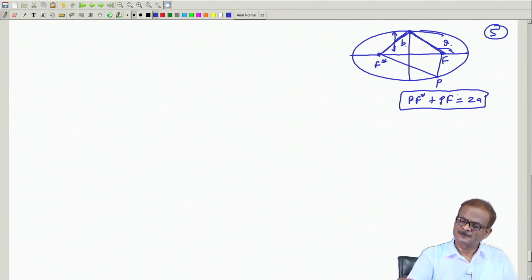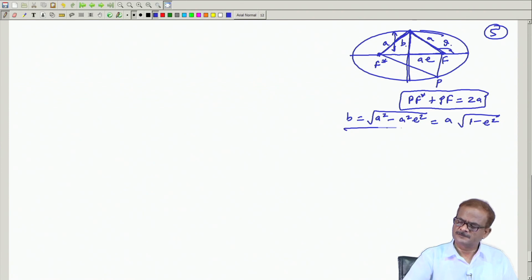Once we take the minor axis, this becomes a and this becomes a, and this distance we know is a e. Therefore, b in that case becomes the square root of a square minus a square e square, so this is a times the square root of 1 minus e square.